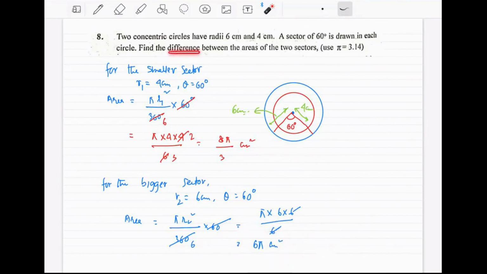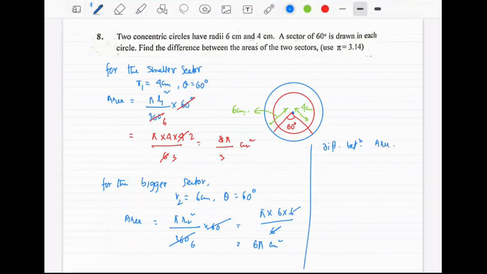Now if I want to find out the difference between the areas, you have to subtract them, right? From the bigger value, you subtract the smaller value. So we will have 6 pi minus 8 pi divided by 3. There is a 1 as denominator. You do multiplication first, 1 and 3. We will have 3 here, and then you cross multiply. 6 3s are 18, 8 1s are 8.